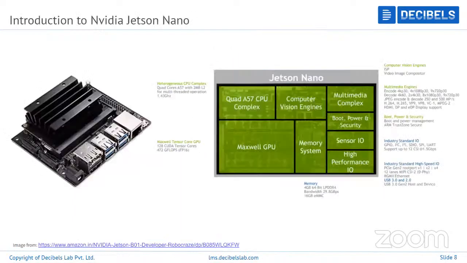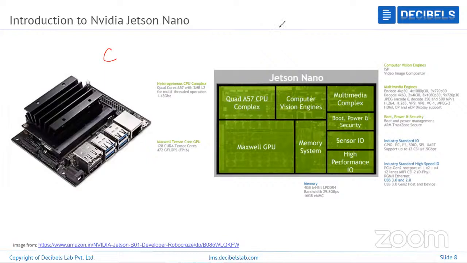If you look at a Jetson board or any kind of microcontroller, it's like this. If you are familiar with computer hardware, in simple terms we would have a CPU.